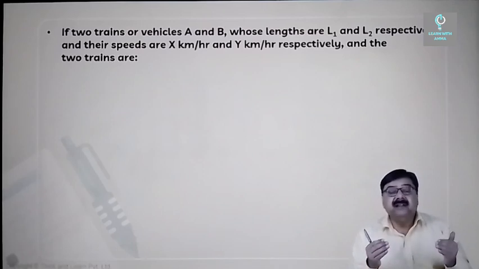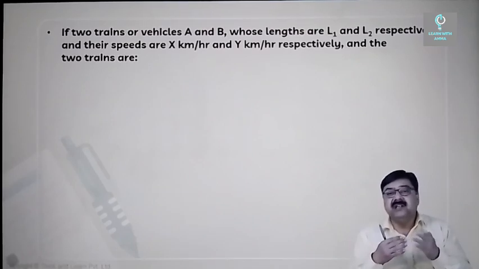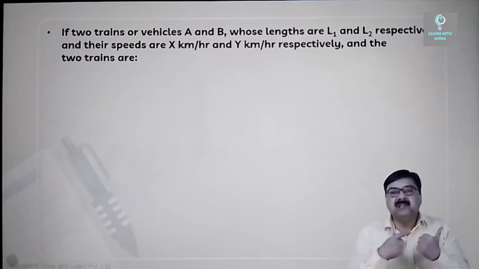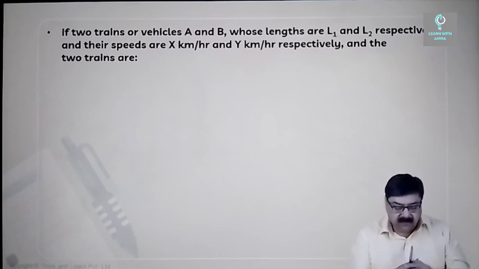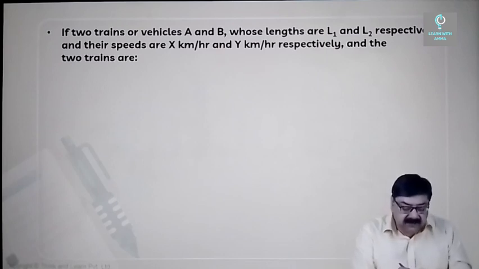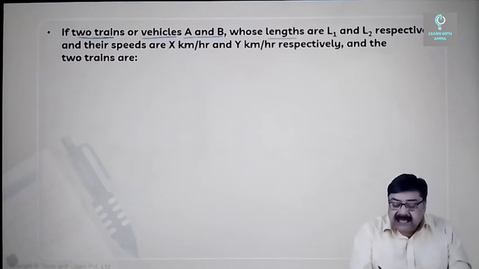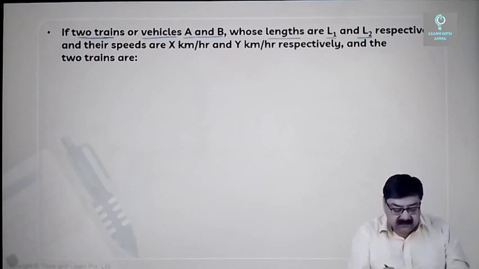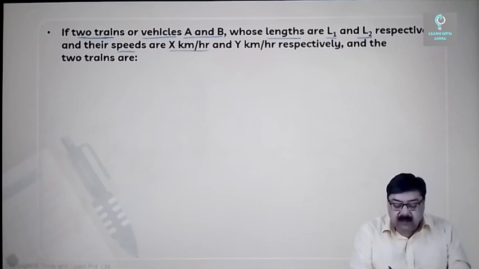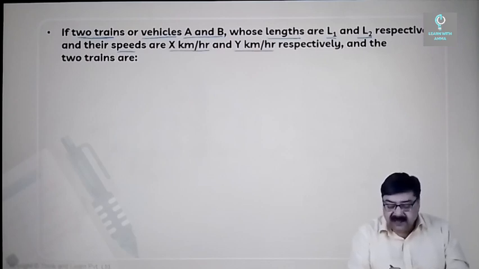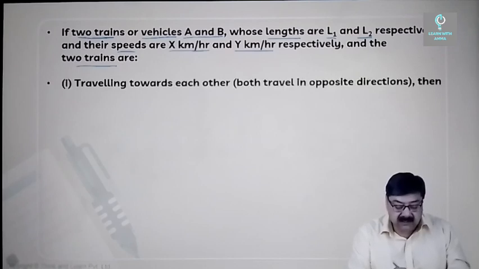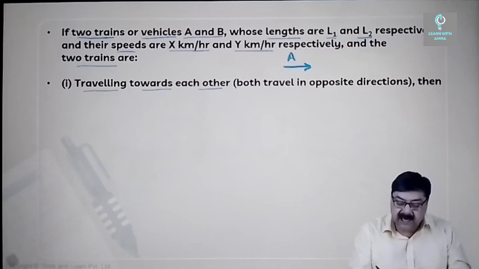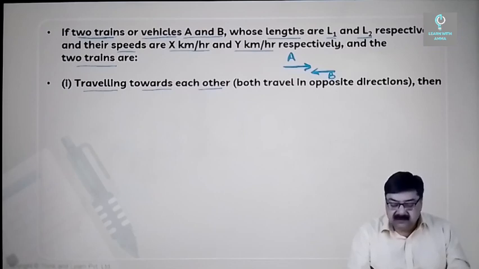Now what will happen if two trains try to cross each other when they are approaching each other, or let us say when the slower one is being chased by the faster one? Now let's look at this case. If two trains or vehicles A and B, whose lengths are L1 and L2 respectively, and their speeds are x kilometer per hour and y kilometer per hour respectively, and the two trains are traveling towards each other, that is, this is train A and this is train B, they are traveling towards each other.